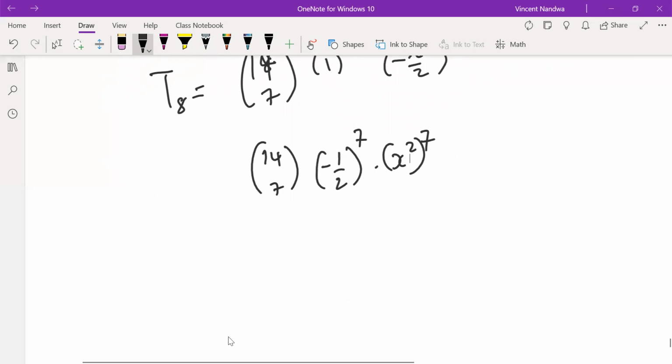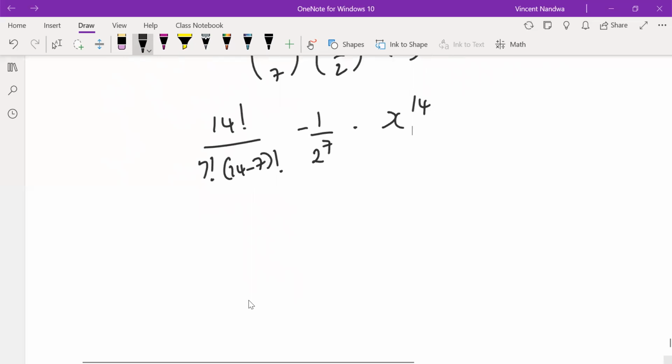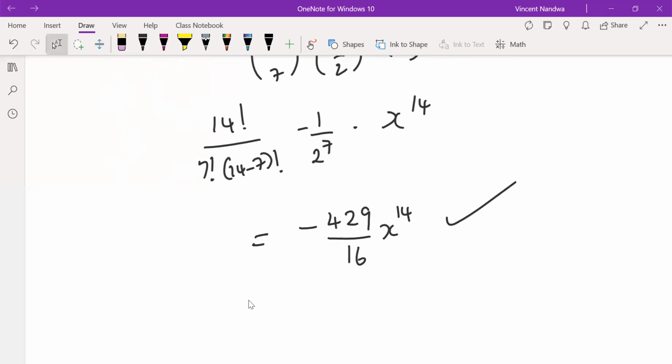So we'll have 14!/(7!(14−7)!) times (−1/2)^7 times x^14. When you simplify this, you get −429/16 x^14.